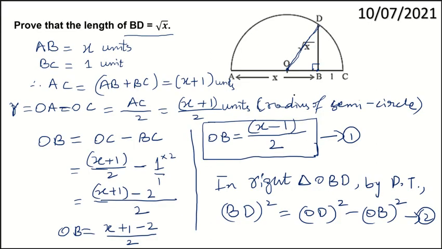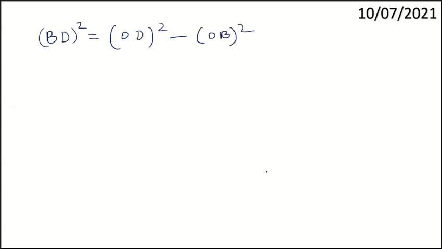Here OD is also a radius. Since OD is a radius of a semicircle, and the radius is (x plus 1)/2, I can use that.